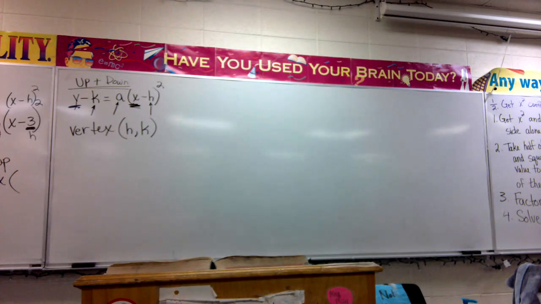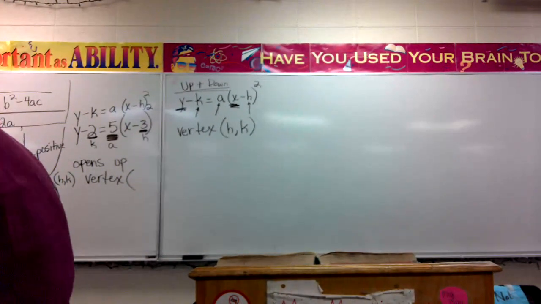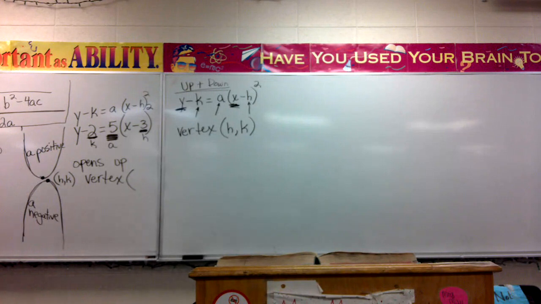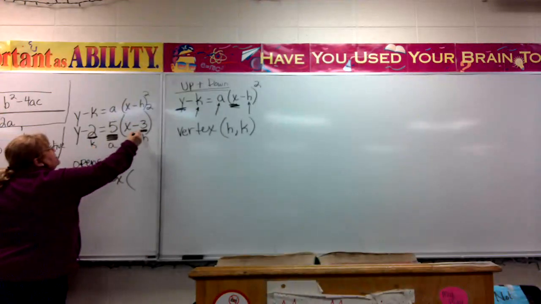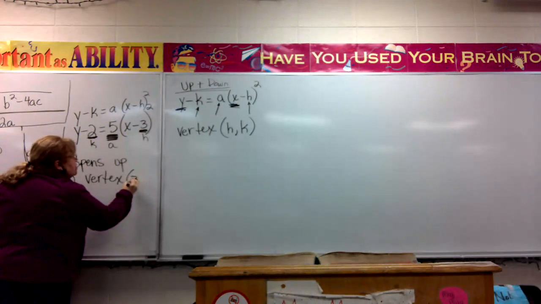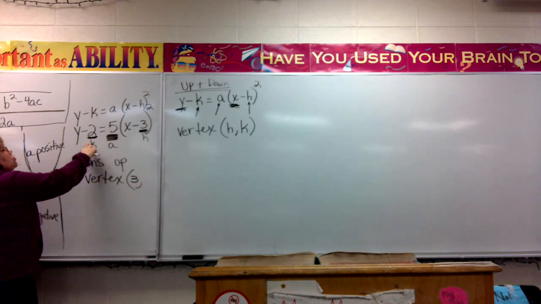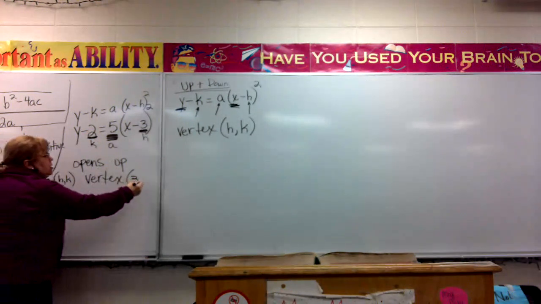What are the coordinates of the vertex of this parabola? What are the coordinates of the vertex for this one then? The x coordinate is the one with the x. The x coordinate is 3, and the y coordinate of the vertex is 2.